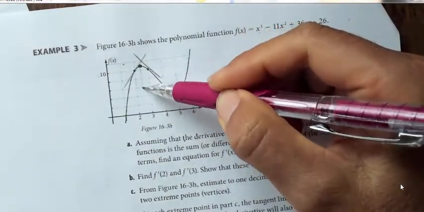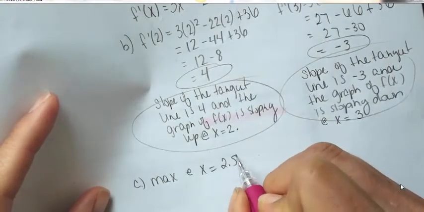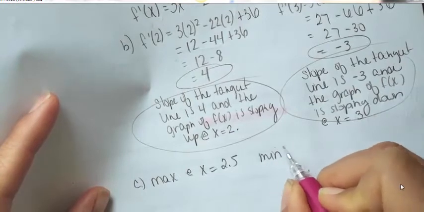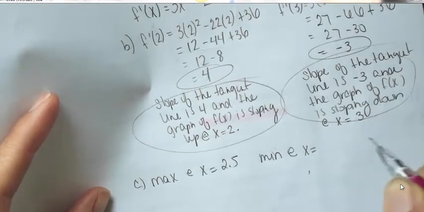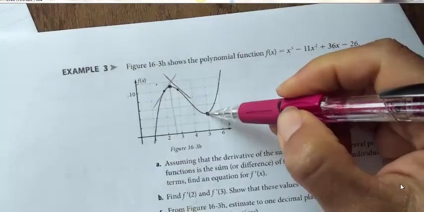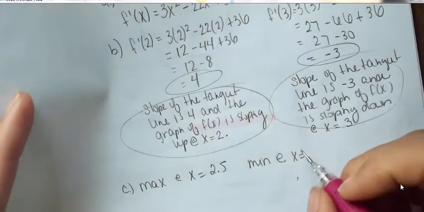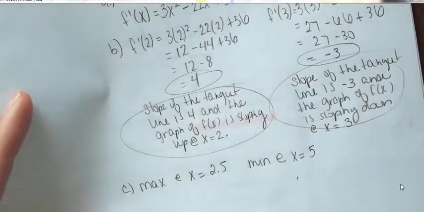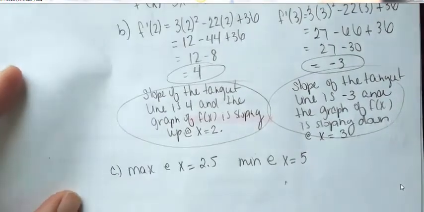Maybe 2.5? And where does my minimum occur? Maybe 5.0. They want it to 1 decimal place, but 5 and 5.0 are the same.